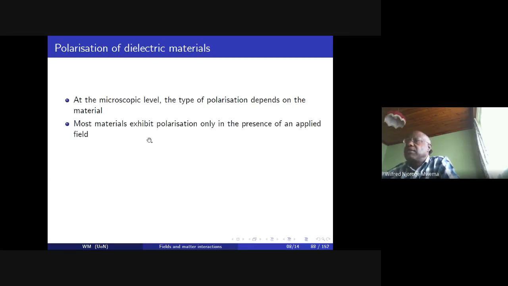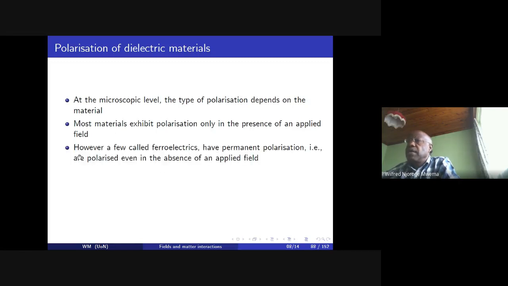Most materials will exhibit polarization only in the presence of an applied field. If you remove the field, they will relax back to their neutral conditions. A few, called the ferroelectrics, have permanent polarization. That is, they are already polarized in themselves. This usually happens when the molecules are formed between atoms with different electronegativities, and therefore the electrons forming the bonds will be found near one of the constituent atoms more than the others.